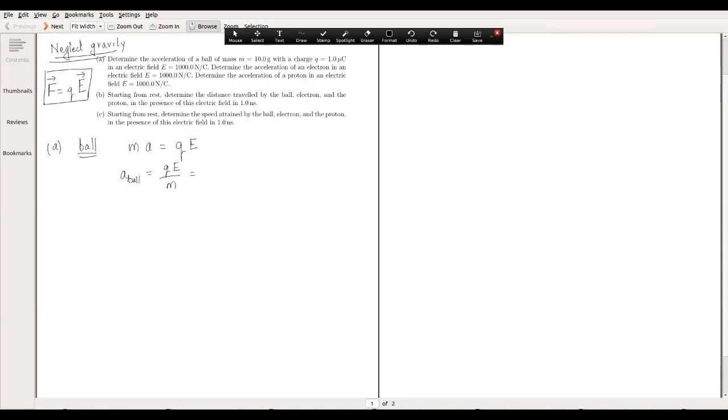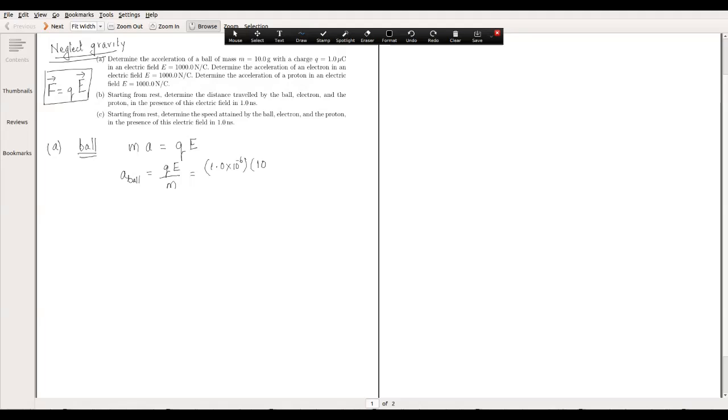which is 1.0 times 10 raised to minus 6. The electric field is 1000, so let me write that as 10 raised to 3.